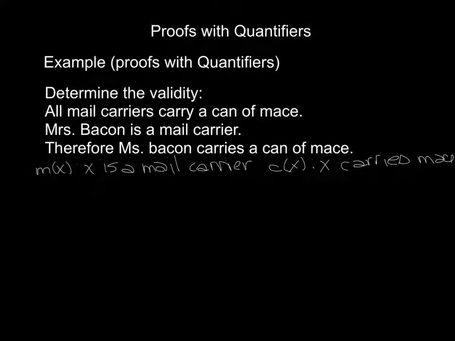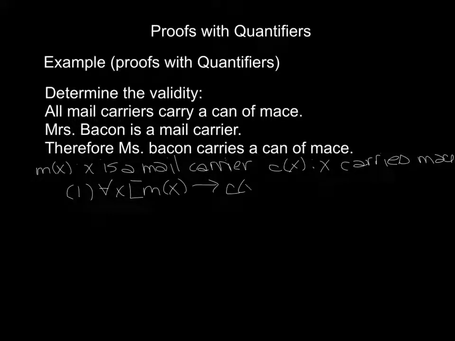Now we can see how everything starts to fit in. We're going to start our proof. Our first step is going to say for all x, M of x, if they are a mail carrier, then C of x, x carries mace. And that is our first premise from over here. So for all x, if x is a mail carrier, then they carry mace.